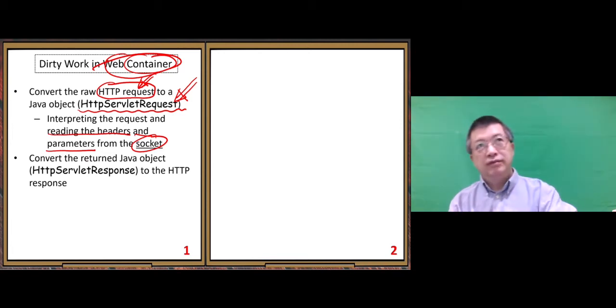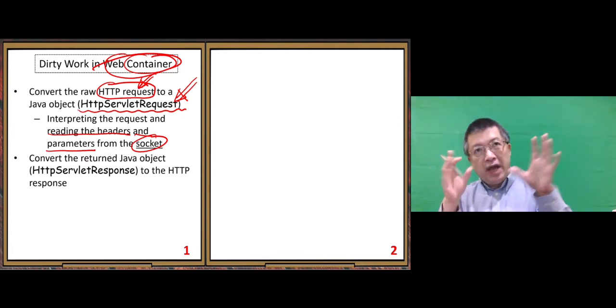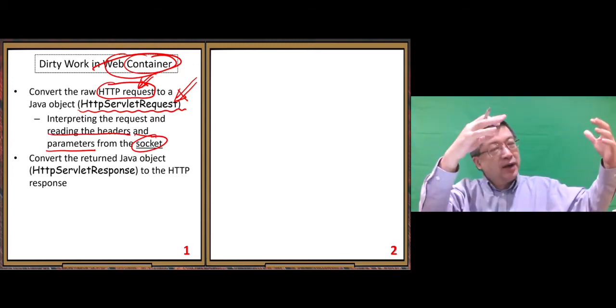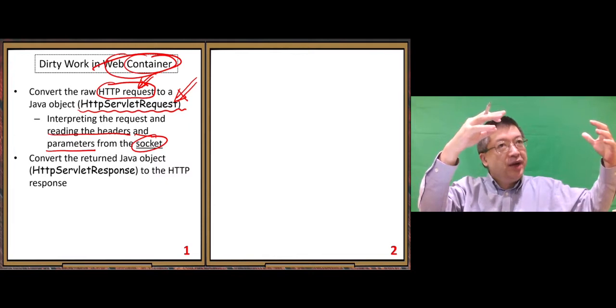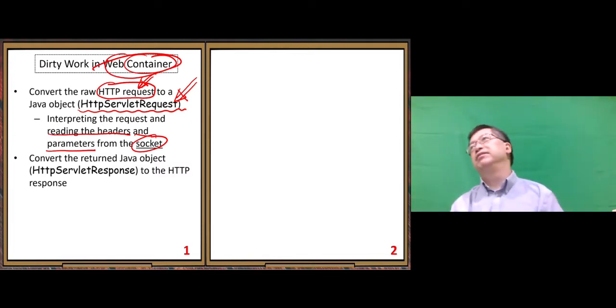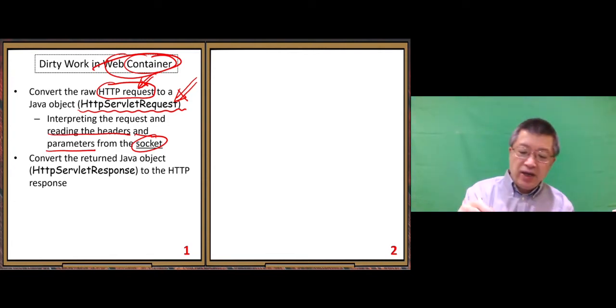Another thing. So that's the request part. The response part, similar things. When you send it back, you need a web container to do the conversion another time. Convert the return Java object.